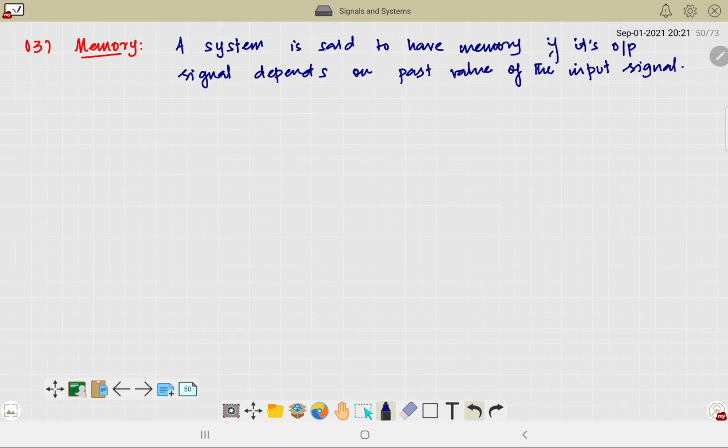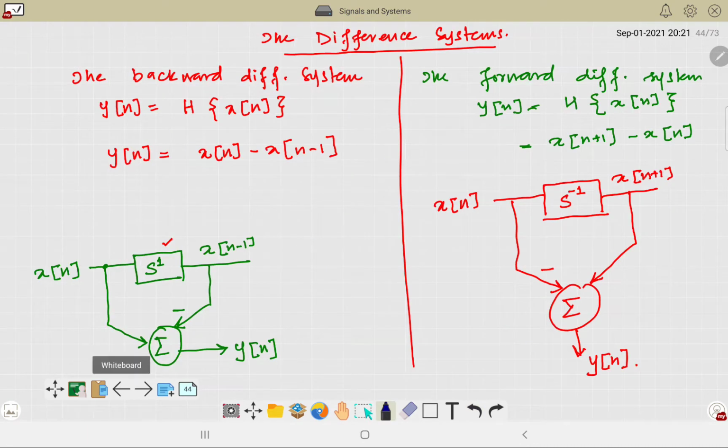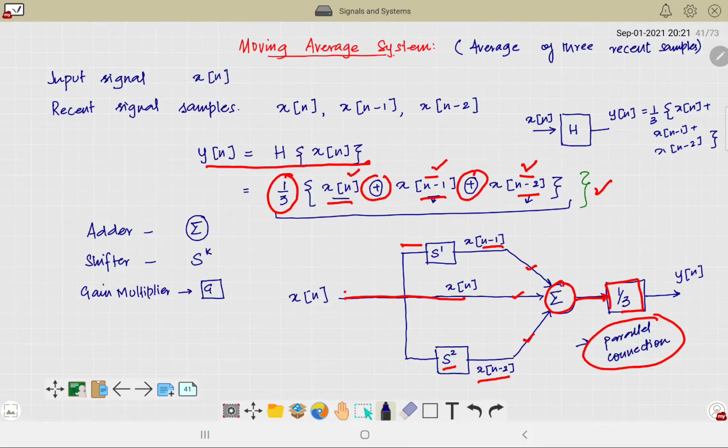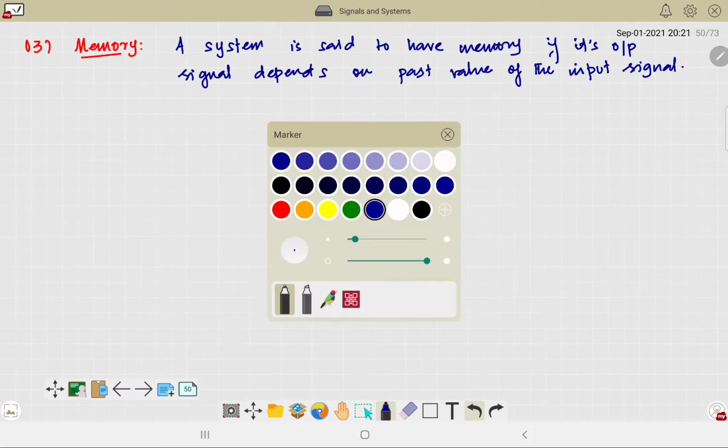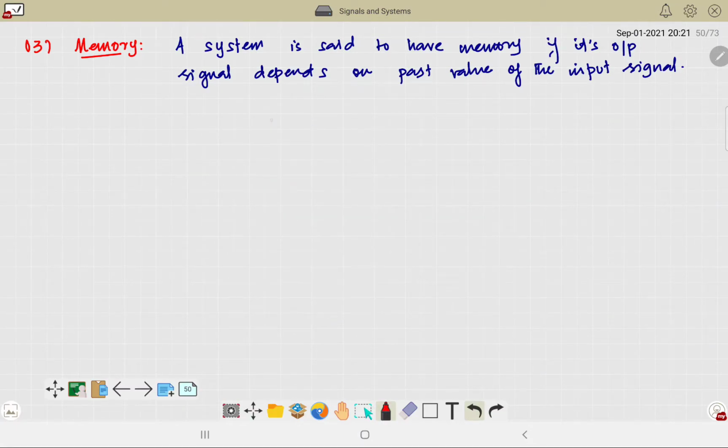Like if I give a typical example, we did the moving average system somewhere. It was the average of the 3 recent samples. So if I have a system of the type y of n is equivalent to 1 upon 3 times the current sample x of n plus x of n minus 1 plus x of n minus 2.